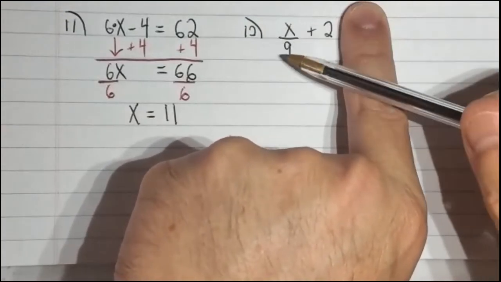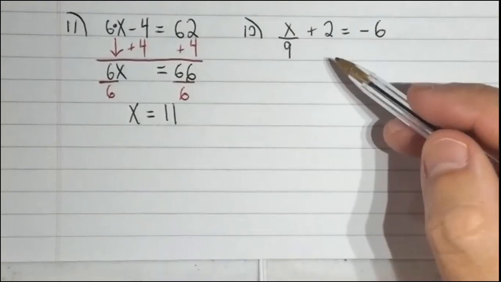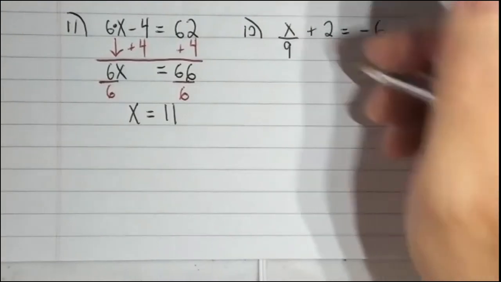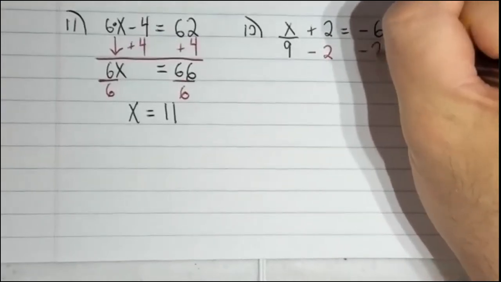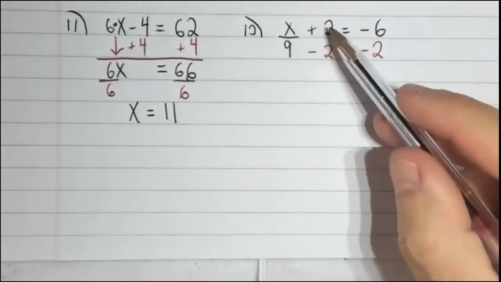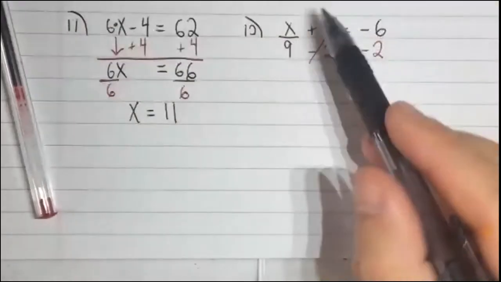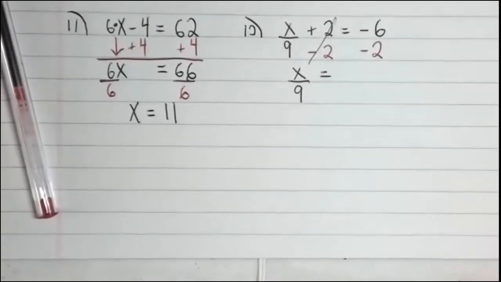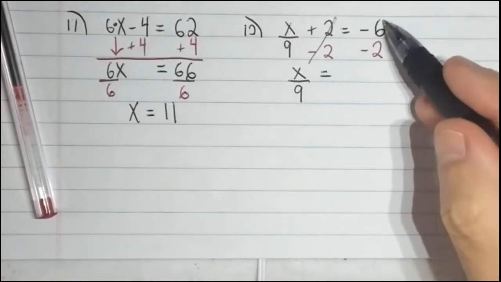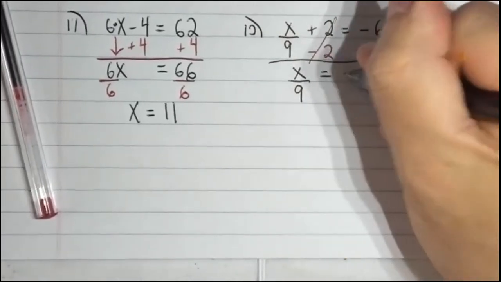All right, so I've got to deal with the 9 and the 2. First thing I want to deal with is that plus 2. So I've got to do the opposite operation of a plus 2, which is minus 2. That cancels that out. And that leaves me on that side with just x divided by 9, or x over 9. And then negative 6 take away 2 gives me a negative 8.